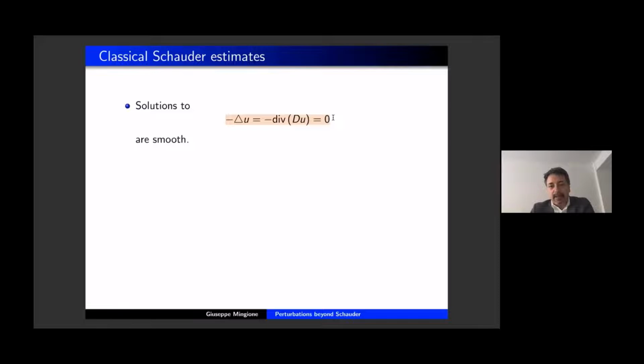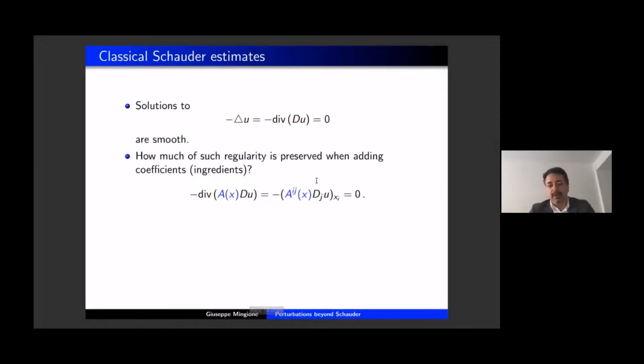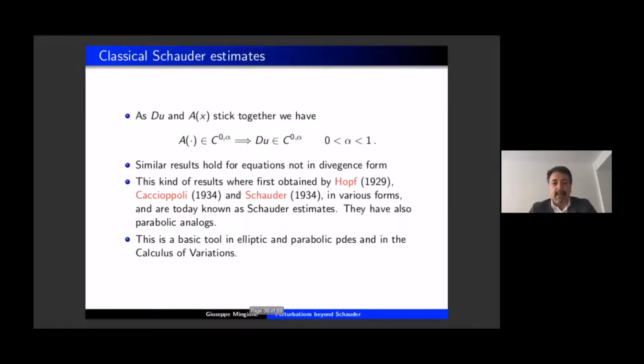The idea is how much of this smoothness you preserve when you add coefficients that are, of course, supposed to be elliptic, so that it preserves the nature of the equation. Since the coefficient sticks to the gradient variable, you don't expect that the gradient is more regular than the external ingredient, that is the matrix A of x. That's what you expect, and that's the classical content of Schauder theory.